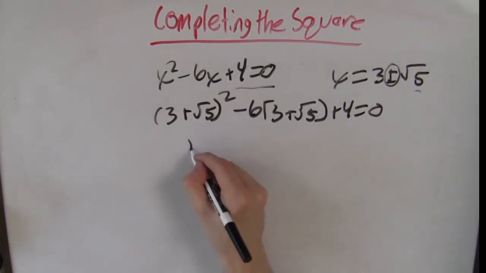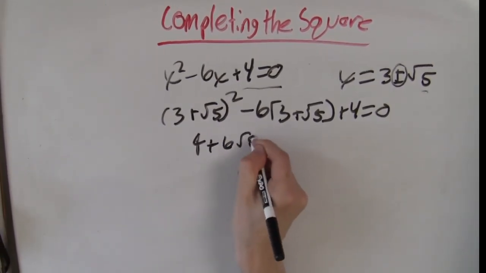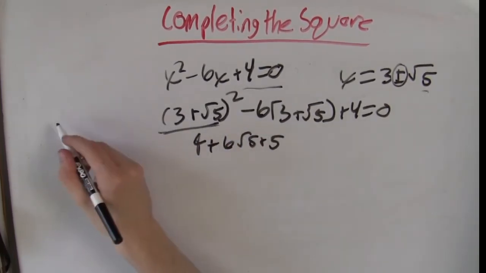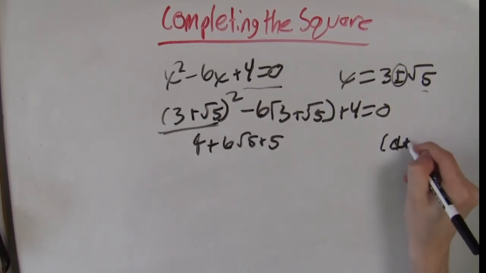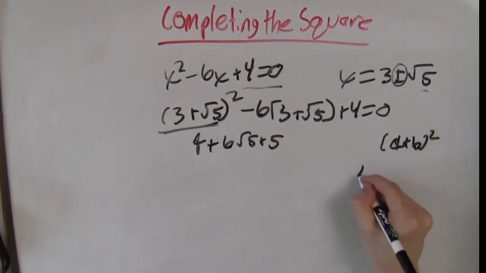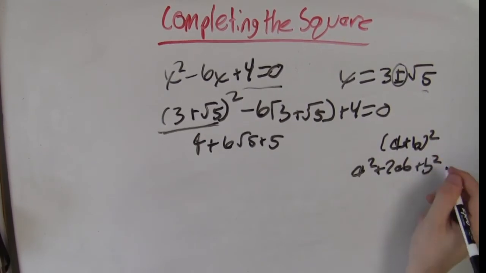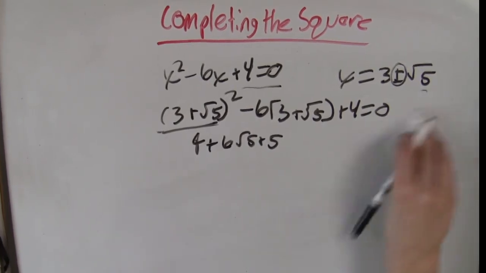So we can do some math here. That's 9 + 6√5 + 5. Here I'm just doing the square method, right? So we know that (a + b)² is just a² + 2ab + b². So I'm just using that quick expansion method.